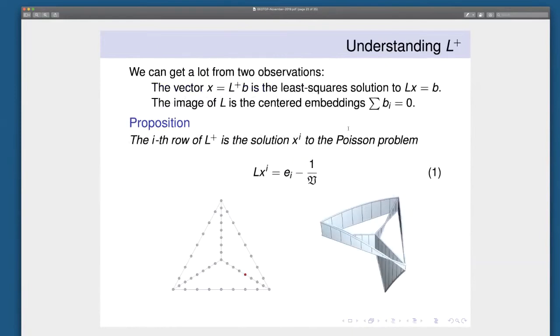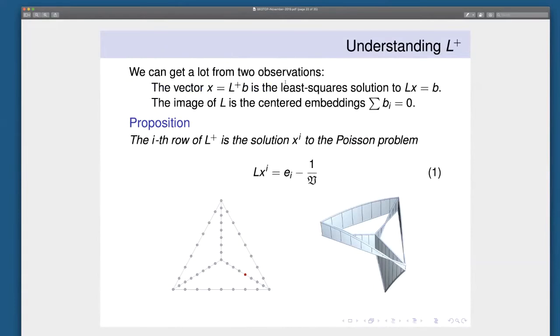Okay, so at this point, you've got to wonder what L plus is, right? So remember that the inverse to a matrix encodes solutions to problems in the form Ax equals e1, Ax equals e2, Ax equals e3. Those guys are the rows of the matrix A inverse.